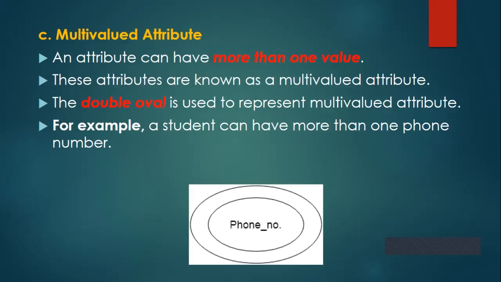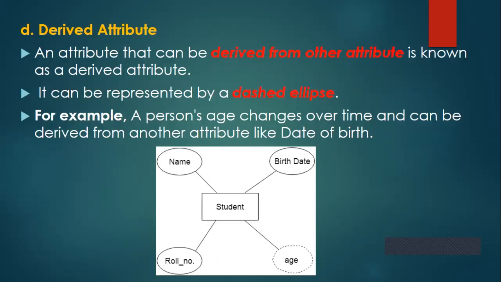Next is multi-valued attribute. I've said that a student is also having phone numbers, and a student can have more than one phone number. Such an attribute is called a multi-valued attribute, and it is represented in a double ellipse or double oval shape. Next is derived attribute. You have student here as the entity. The characteristics are name, birth date and roll number.